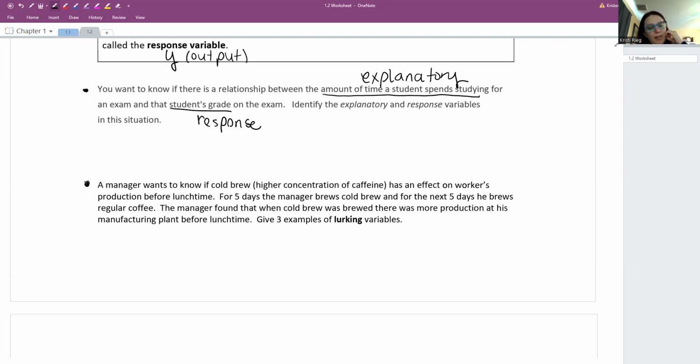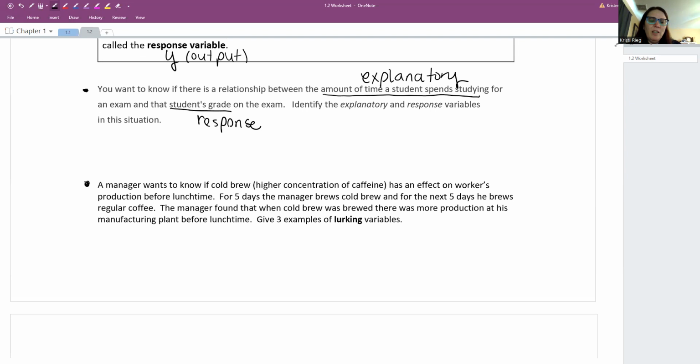And the next 5 days, he just has regular hot coffee, which is regular concentrated, I guess, regular amount of caffeine. The manager found that when cold brew is brewed, there is more production at the plant before lunchtime. Okay, so you would think, manager saw cold brew leads to more production. It must be the cold brew.